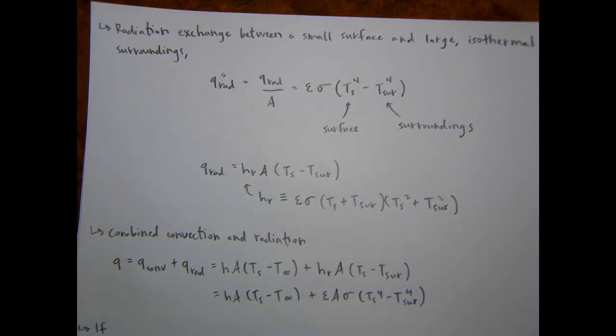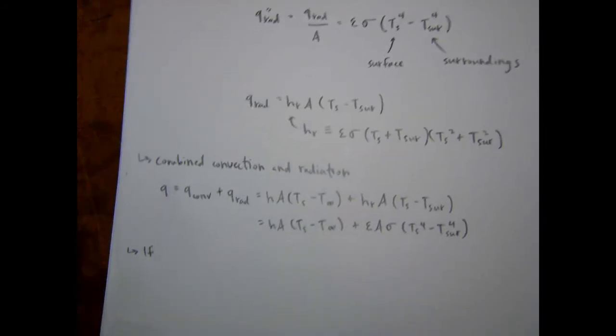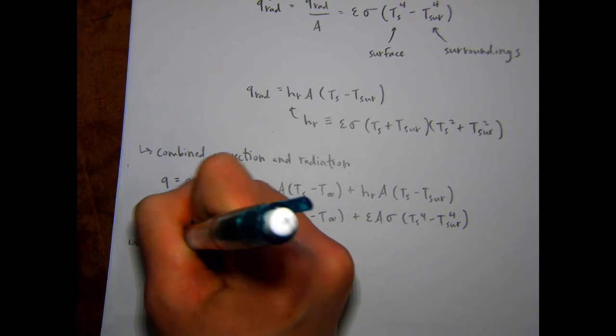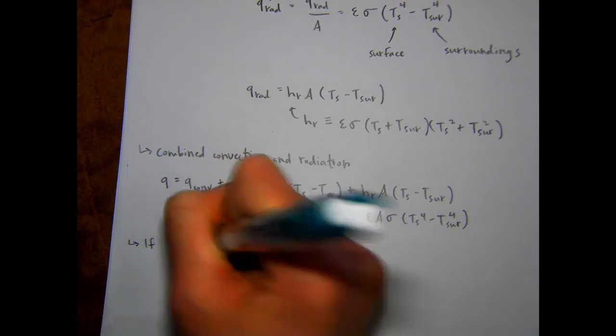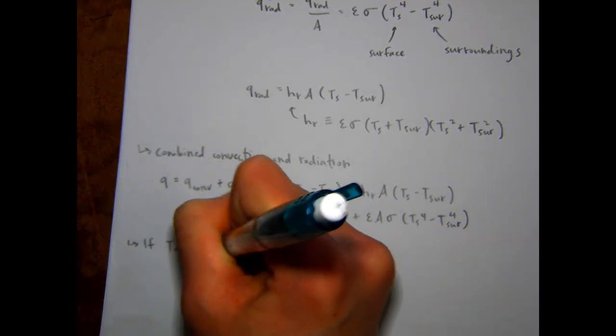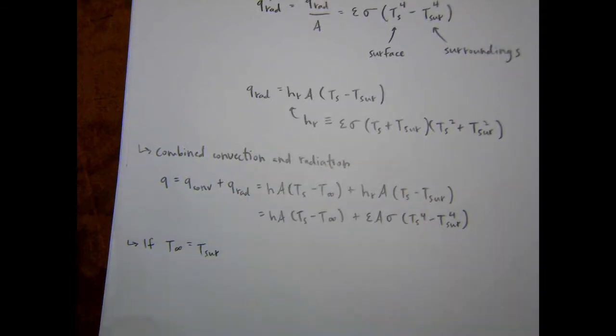But if you have a situation where the ambient temperature of the fluid is equal to the temperature of the surroundings, which will often be the case for natural convection, you just have an object sitting in a room and the air around it is just the ambient temperature, which is the same as the temperature of the surroundings.